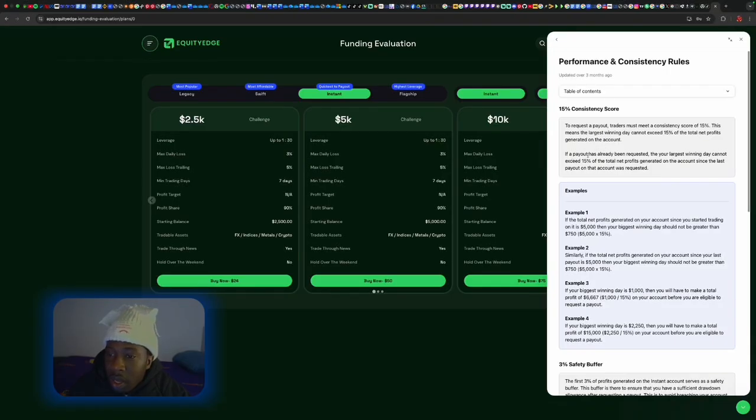This means that the largest winning day cannot exceed 15% of the total net profit generated on the account. If a payout has already been requested, your largest winning day cannot exceed 15% of the total net profit generated on the account since the last payout was requested.